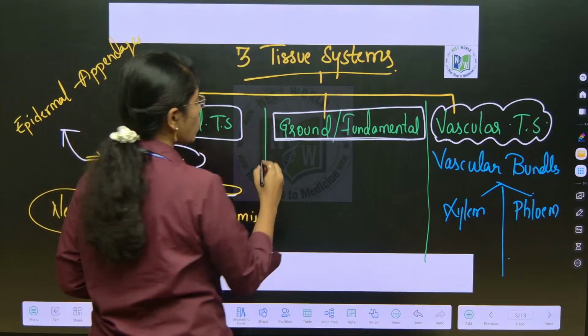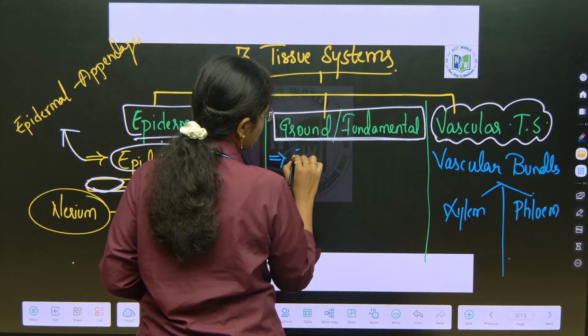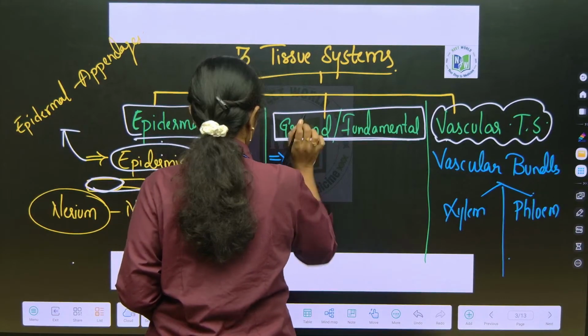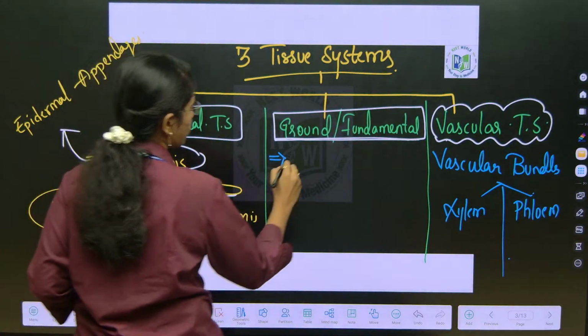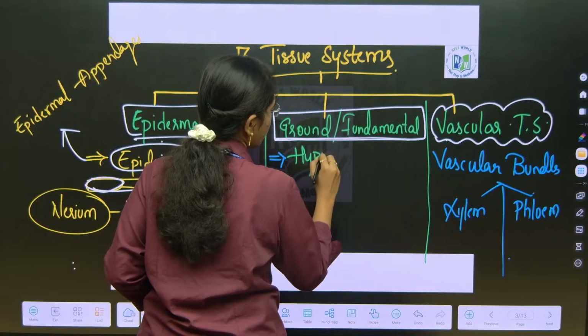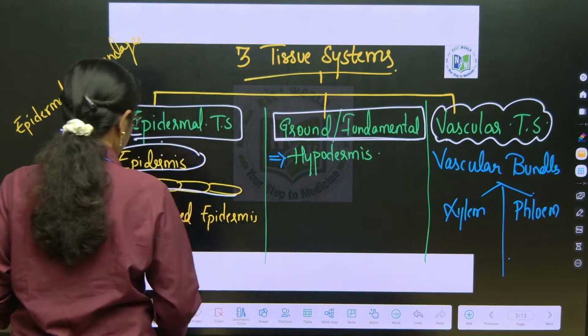Below the epidermis, the layer present is the hypodermis. The ground tissue system includes hypodermis, and after hypodermis it is the general cortex.